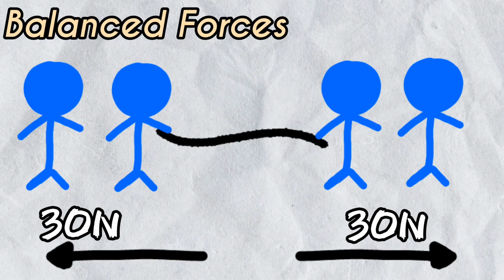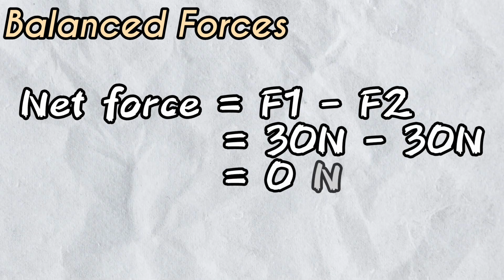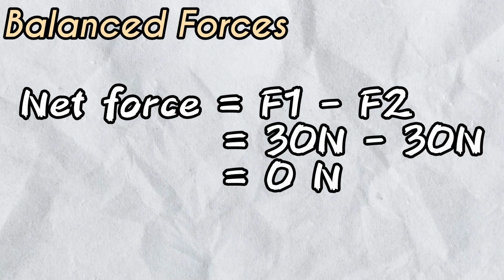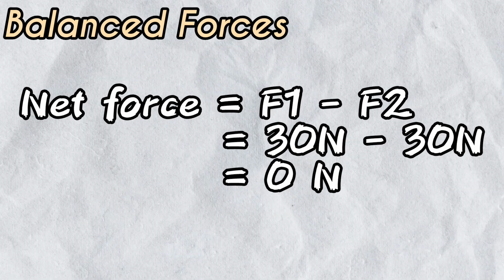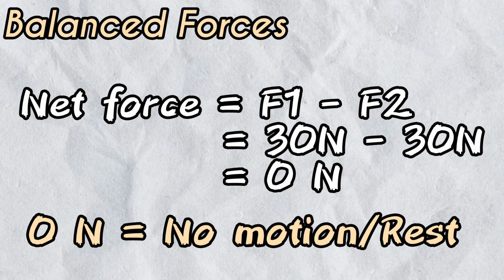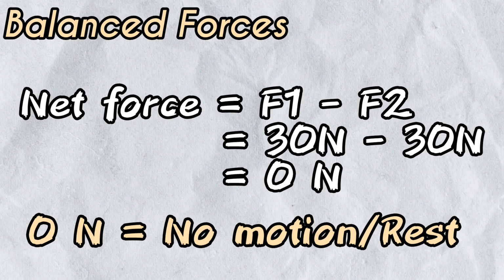opposite to each other. Now, if you will try to find the net force in this case, you will get 30 minus 30, which will cancel out and will give you a 0. So our answer will be 0 Newton. And we know when the net force is 0, there is no motion, which means it is a balanced force.